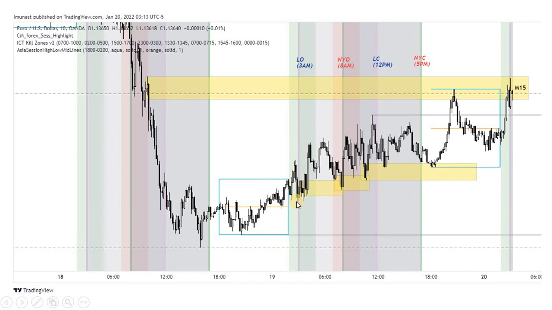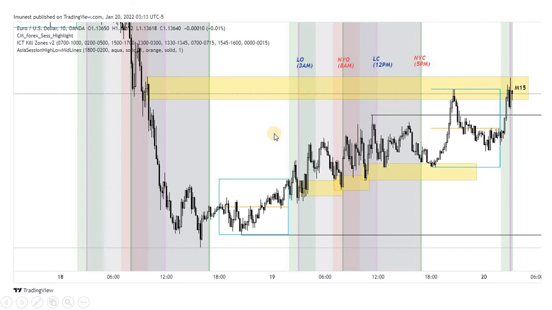London kill zone. When you see something like this, a stop hunt and a break of structure, most likely you might get a good trade. And coming to the New York kill zone again, we have another stop hunt and a break of structure. We can trade from here and capture a very good buy trade upwards.